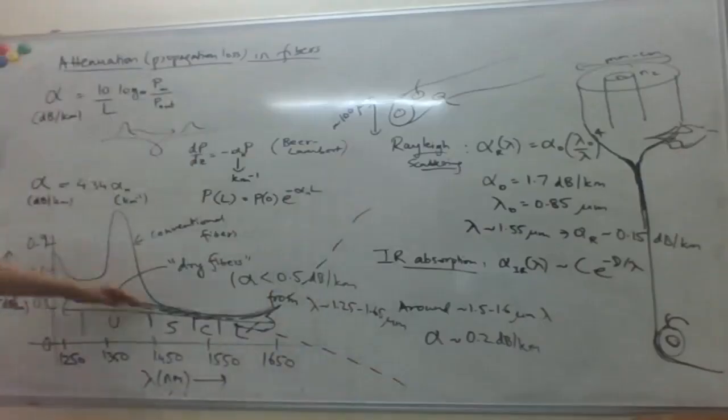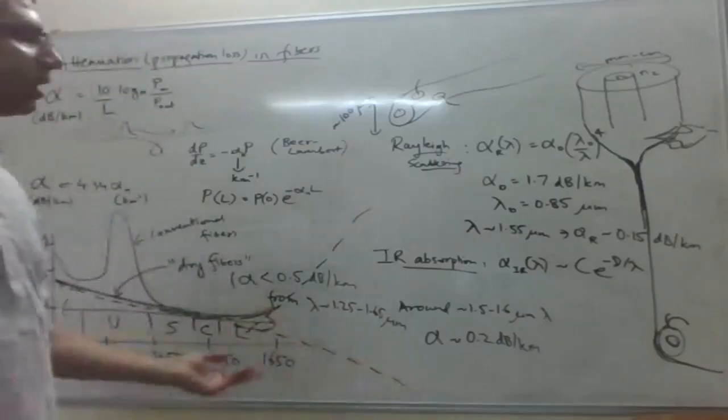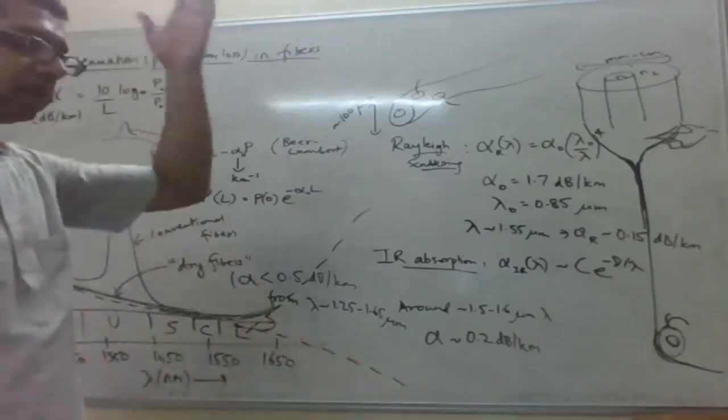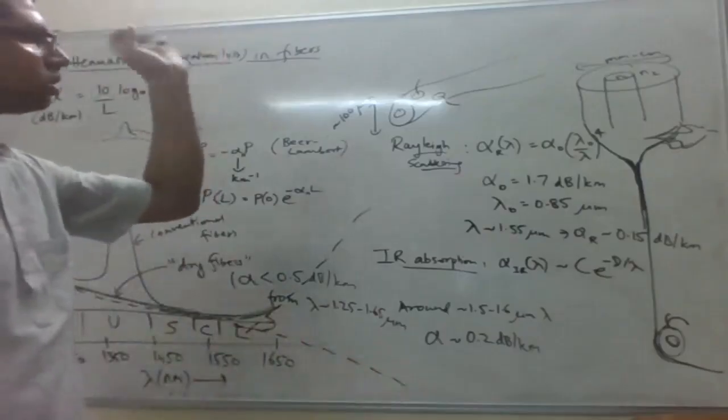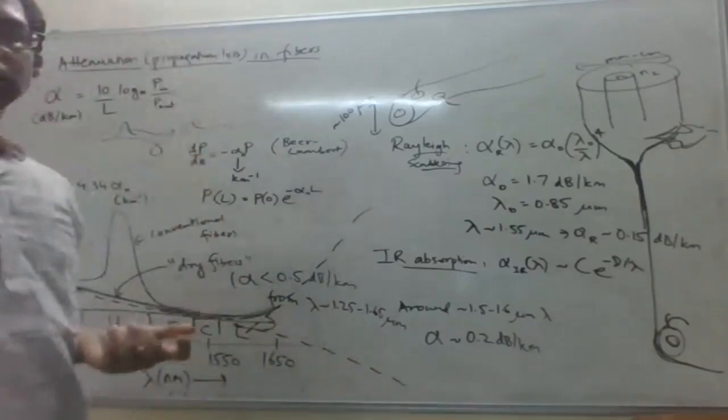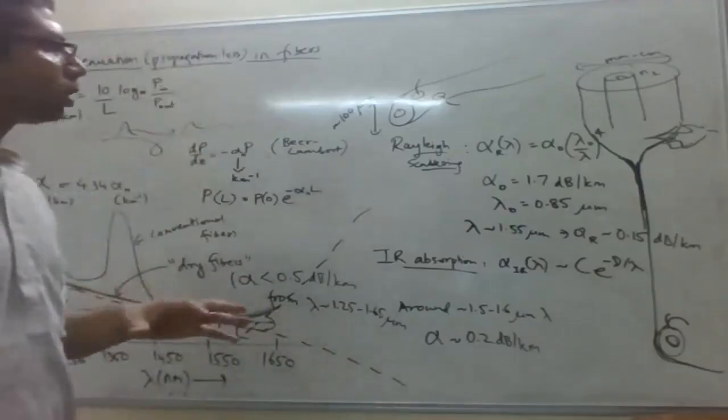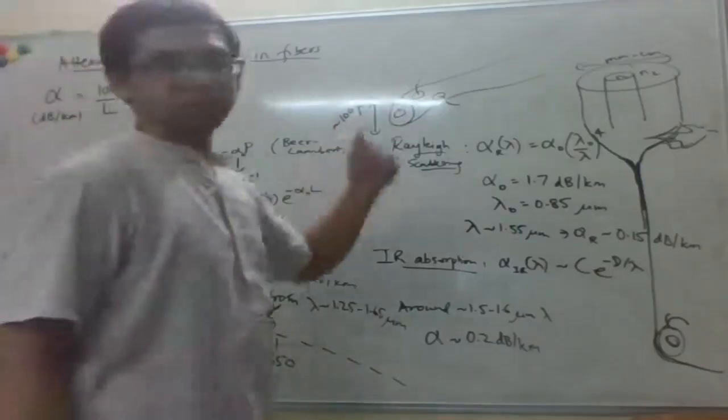And that will be true for any material, because Rayleigh scattering is, as I said, a fundamental scattering mechanism which just depends on these very small size scattering particles. So it doesn't depend on the actual composition of the medium.